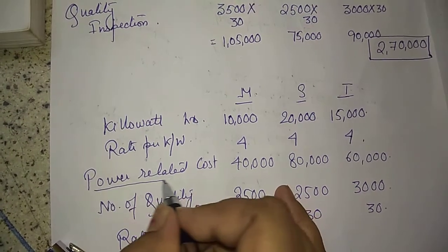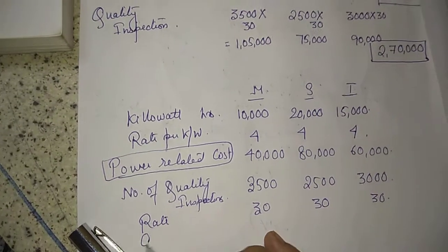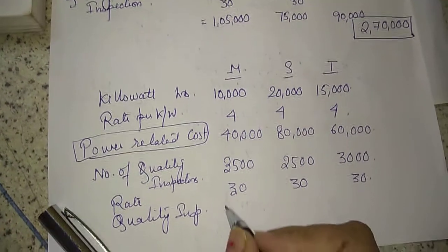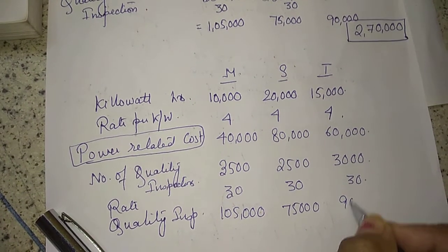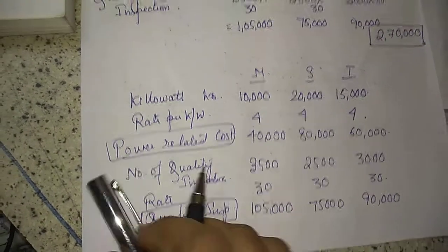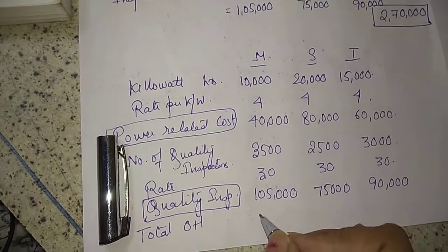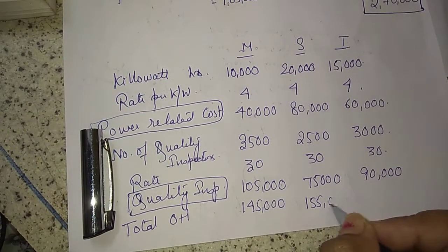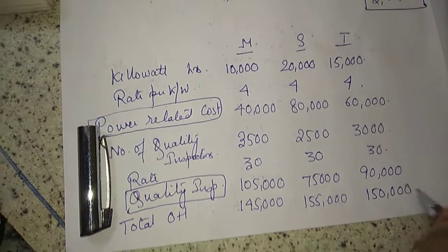This is my total power cost, this is one overhead, and the quality inspection cost comes to, we are again solving the same thing in a different way, 1,05,000, 75,000, 90,000. Now we find out the total overhead. 1,05,000 plus 40,000 is 1,45,000. 75,000 plus 80,000 is 1,55,000. This is my total overhead.